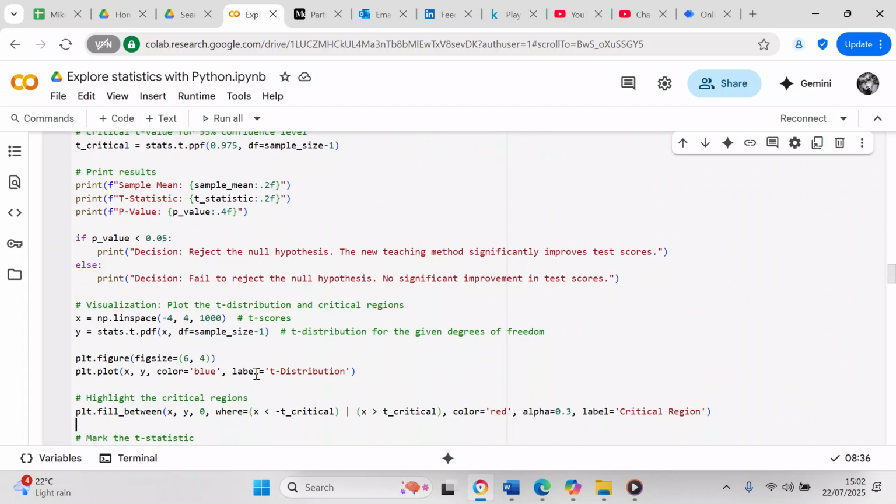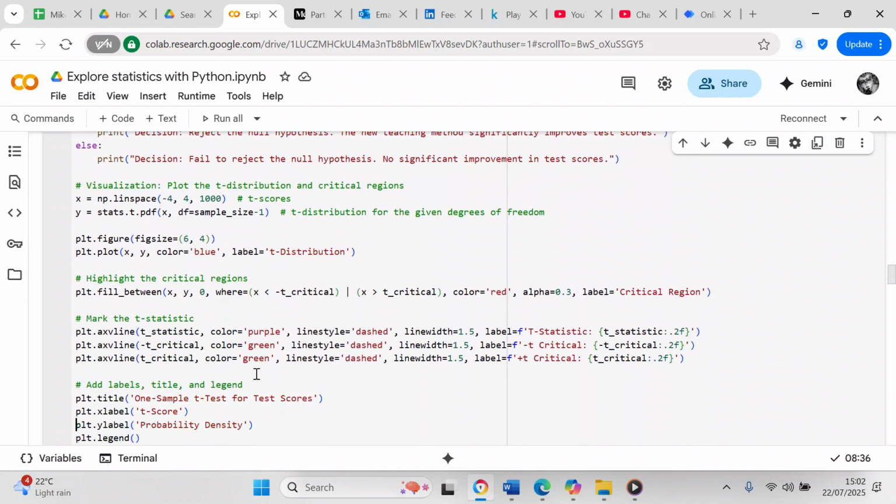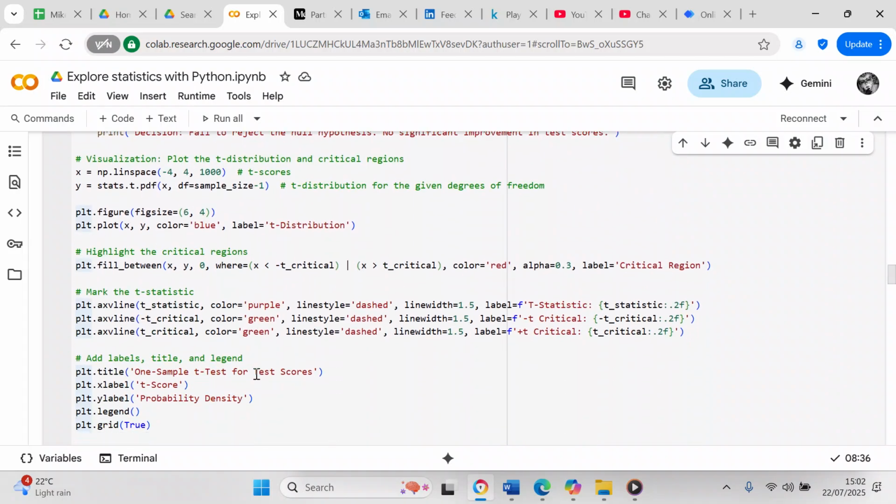So now what we're going to do is visualize our work. You're going to plot the t-distribution and the critical regions. So x equals np.linspace(-4, 4, 1000), and those are your t-scores.